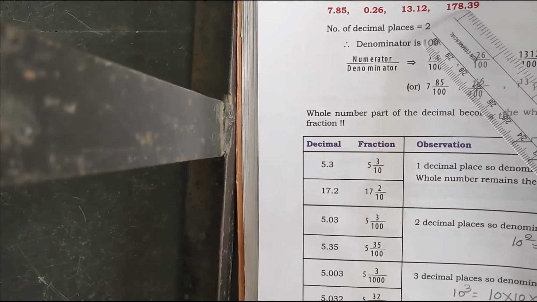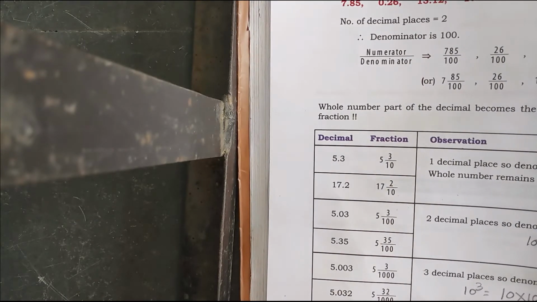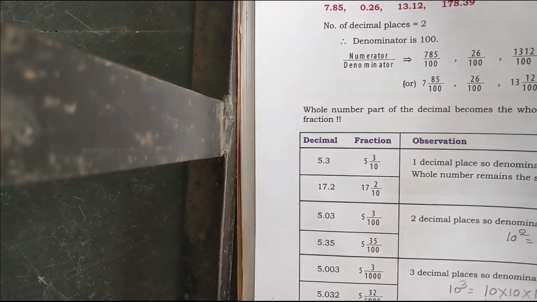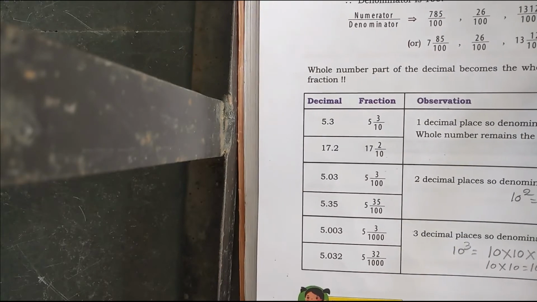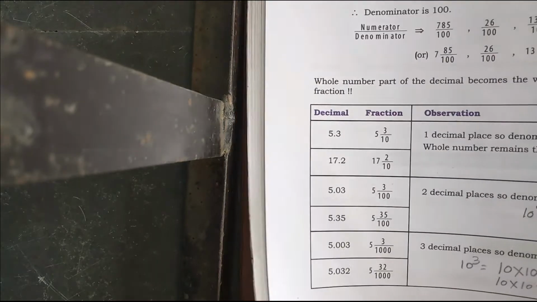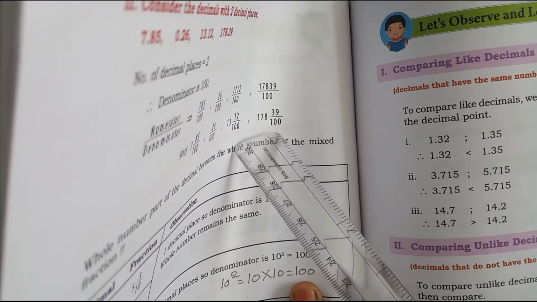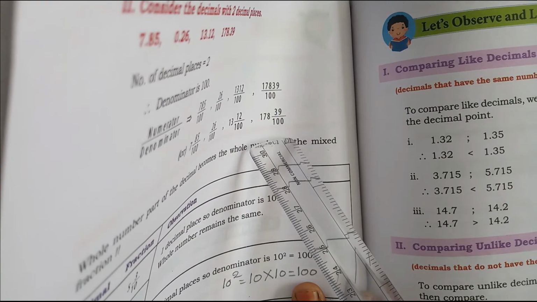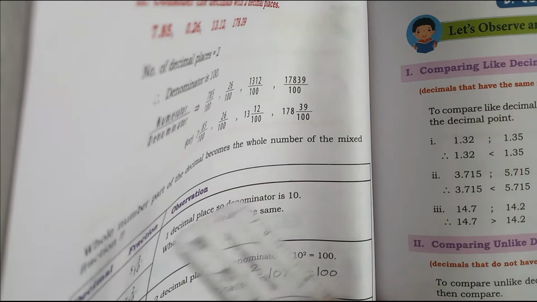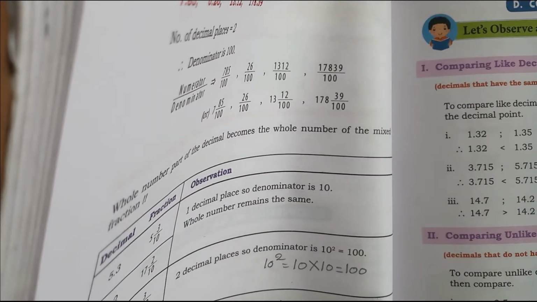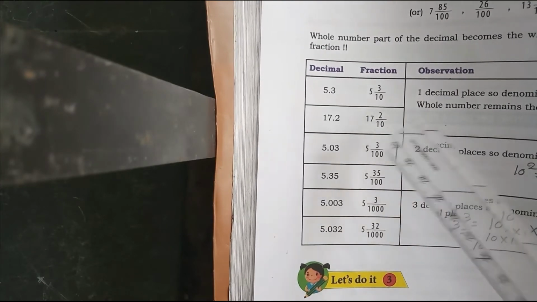Likewise, 178.39 we have written as 17,839 by 100, and in the mixed fraction as 178 and 39 by 100. See here, the textbook has given it very clearly: the whole number part of the decimal becomes the whole number of the mixed fraction. Now let us see the decimals, fractions and the observation.